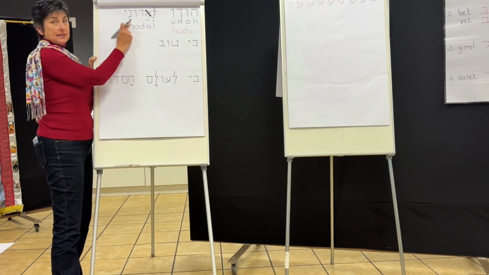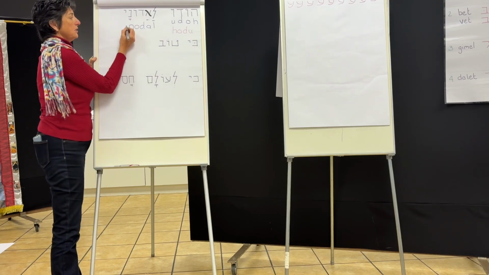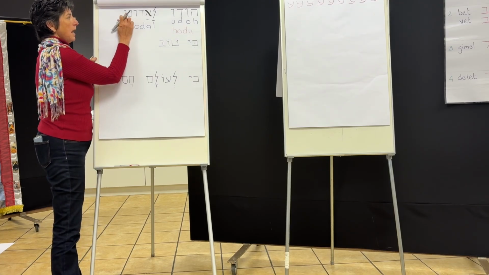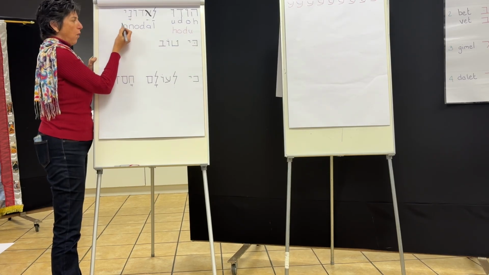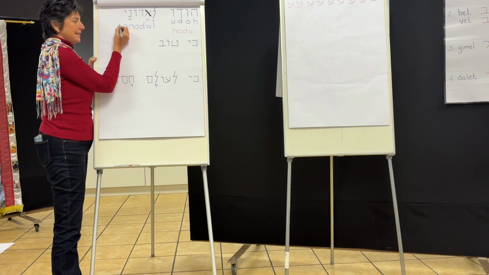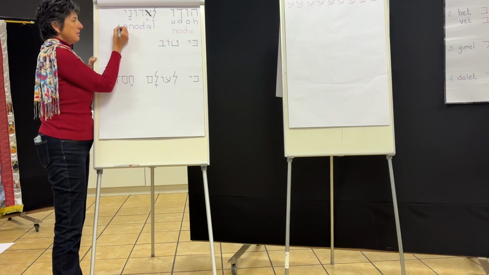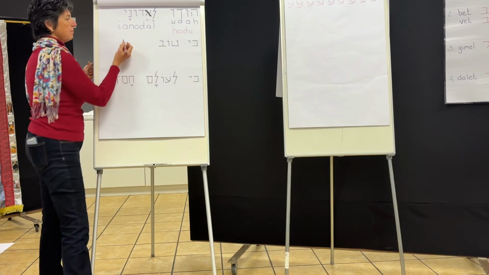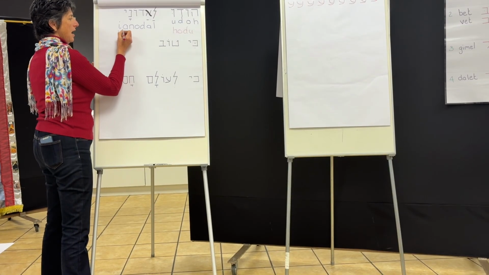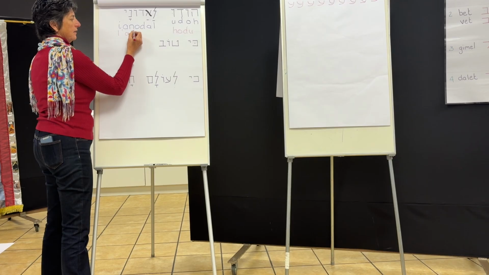And that is an A below it. So we're going to put the A in as well. A yud. So a yud in this case is a Y, but we're going to read it as an I, because we can sometimes pronounce it as an I. So what have we got there? La Adonai.